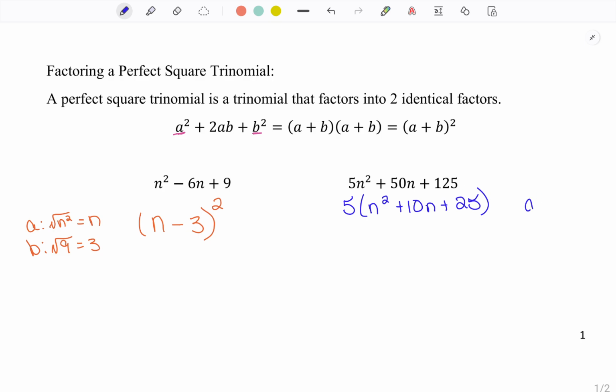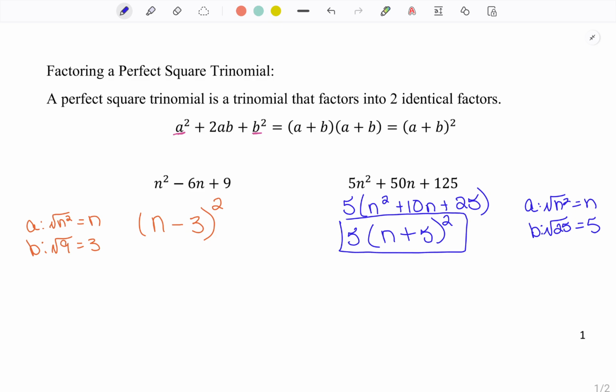So the square root of n squared is n, and then the square root of 25 is 5. So we are going to have 5 times n and 5, and since our 10 is positive, we are going to have n plus 5, and that is going to be squared.